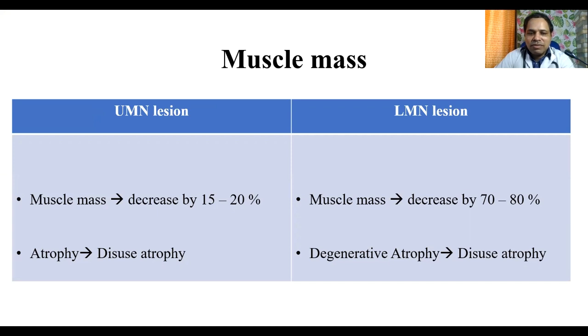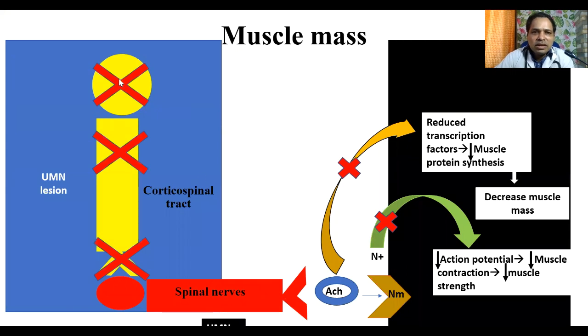Remember this. In case of upper motor neuron, it is disuse atrophy. In case of lower motor neuron, it is called degenerative atrophy, because here there is no initiation of the impulse at all. Disuse, but muscle is still getting atrophied. That's why it's called disuse atrophy.